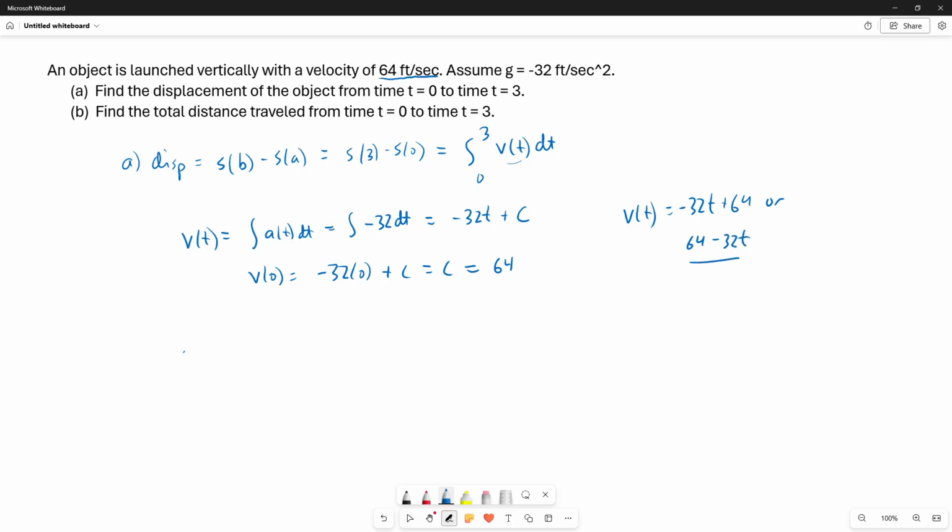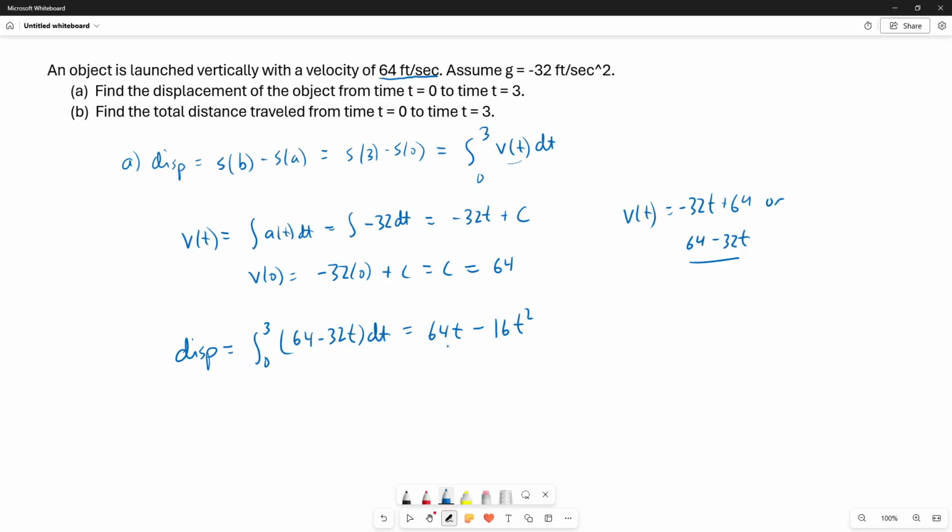And therefore our displacement is the integral from 0 to 3 of this velocity function, 64 minus 32t dt. The antiderivative of 64 is 64t. The antiderivative of t is t squared over 2, and 32 over 2 is 16. So our antiderivative is 64t minus 16t squared.